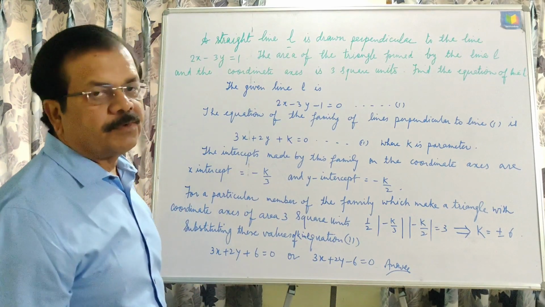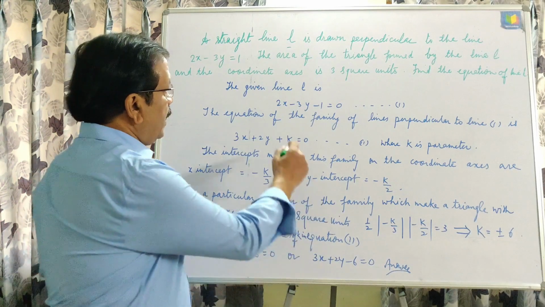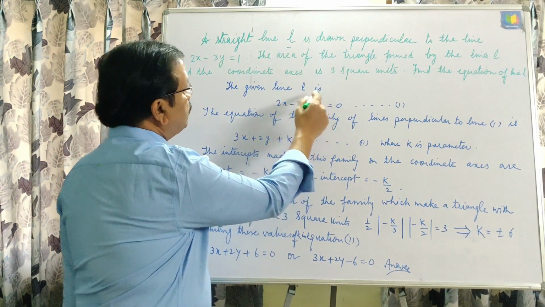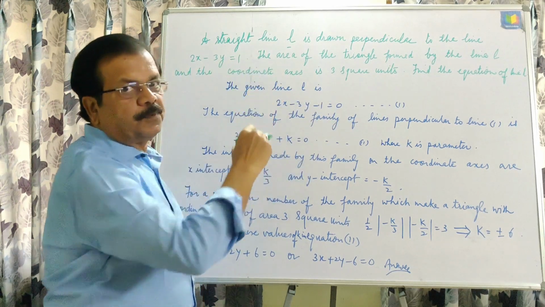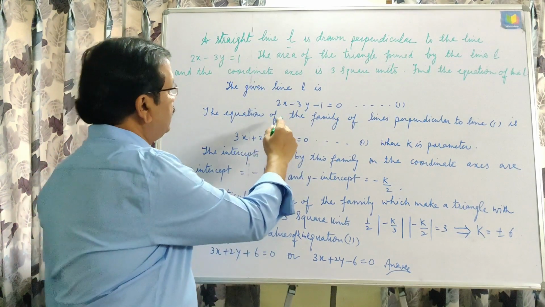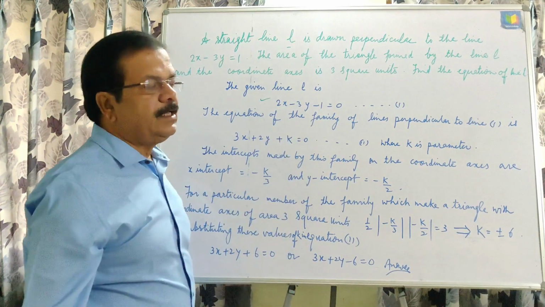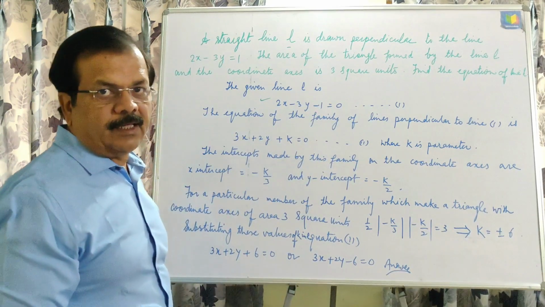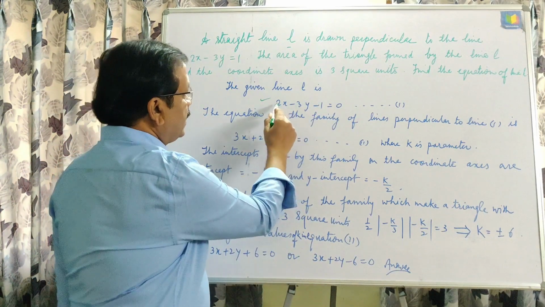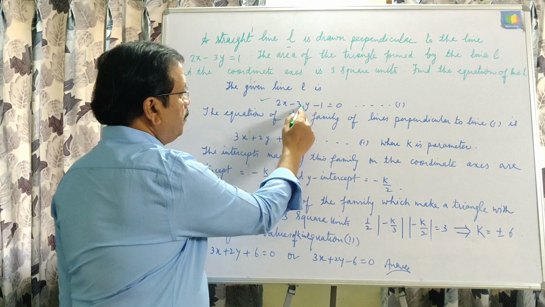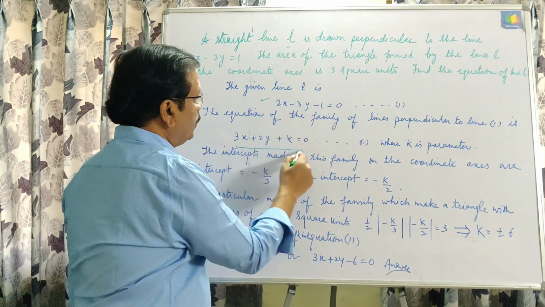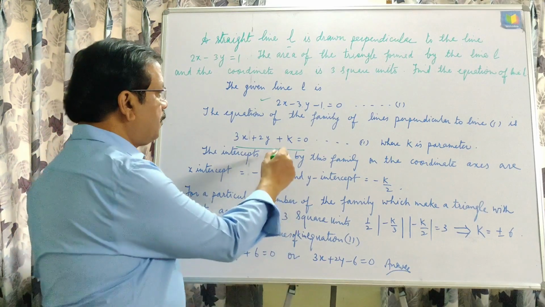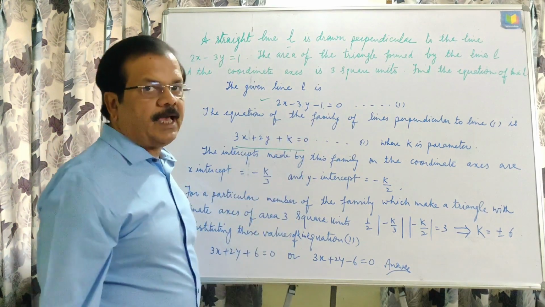Find the equation of line L. Actually, the given line is 2x minus 3y minus 1 is equal to 0, transposing 1 to the left hand side, and then the equation of a line which is perpendicular to the given line is bx minus ay plus k is equal to 0. This is the family of lines which is perpendicular to the given line.